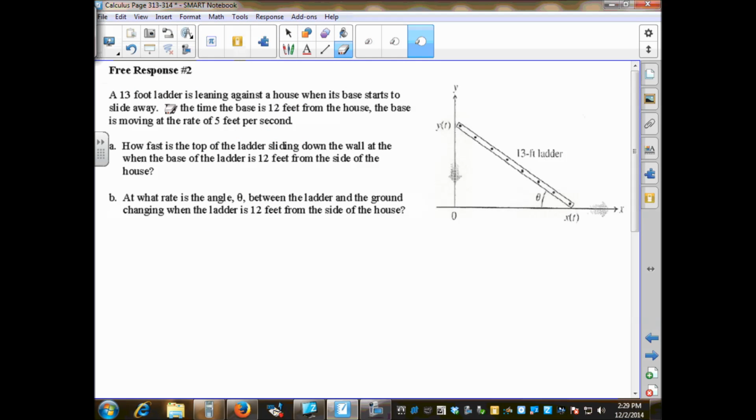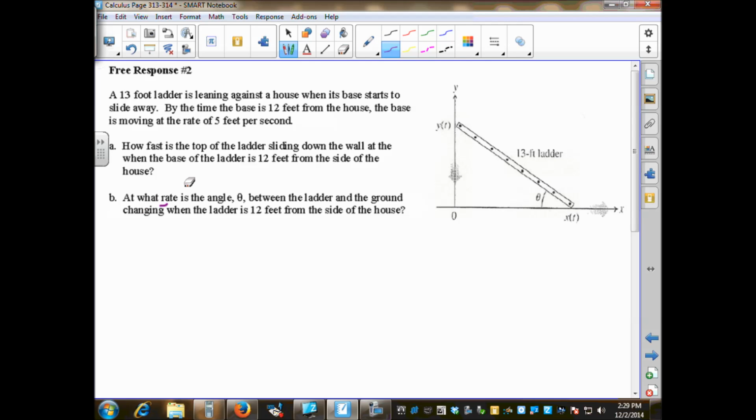Okay, let's look at free response number 2b. We want to know the rate at which this angle is going to be changing as the ladder slides. First of all, is the answer going to be positive or negative? Since the ladder will be sliding and x will be increasing, we know the angle will be decreasing, so we know we're going to be getting a negative answer.